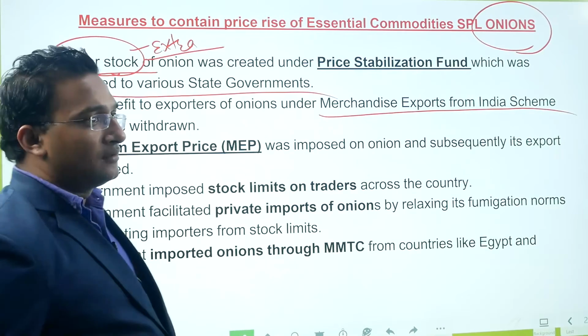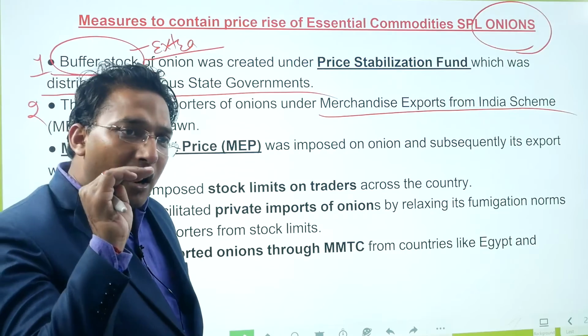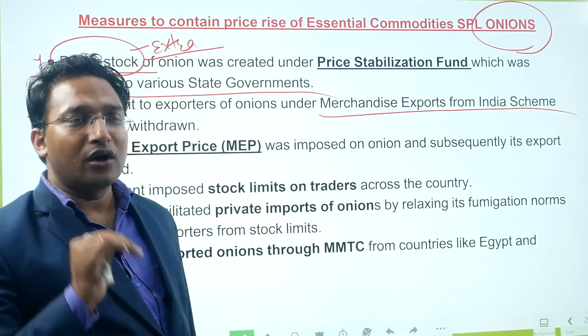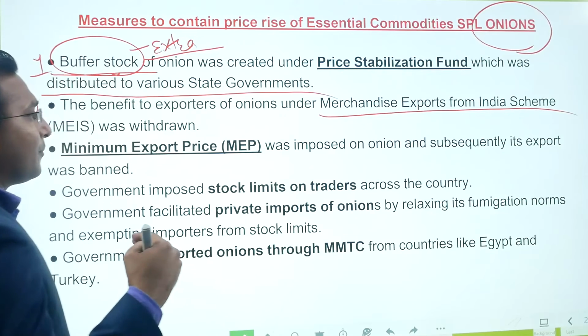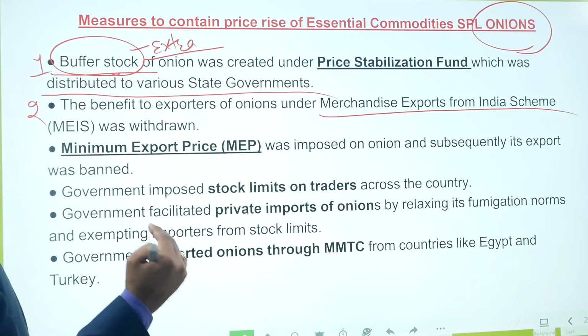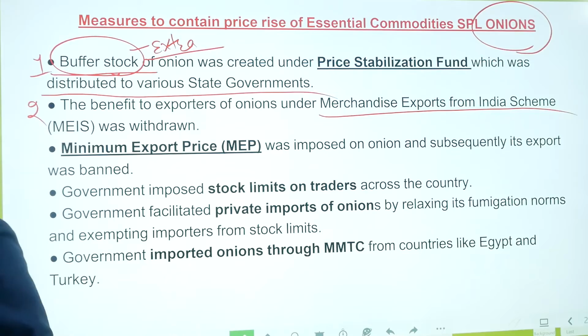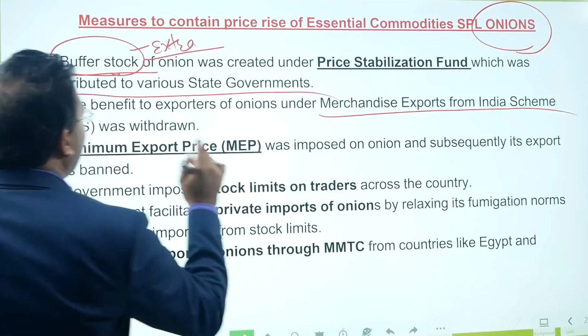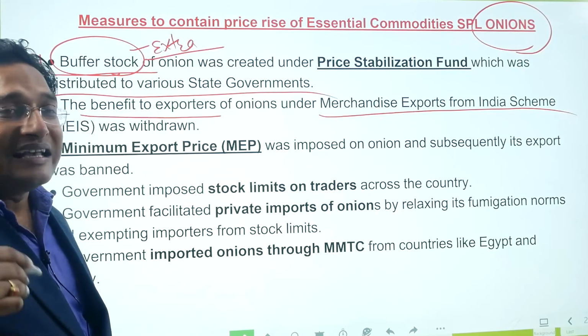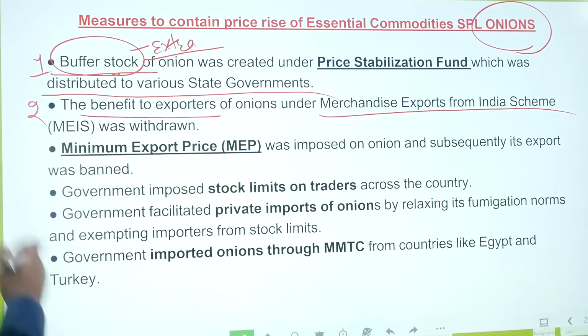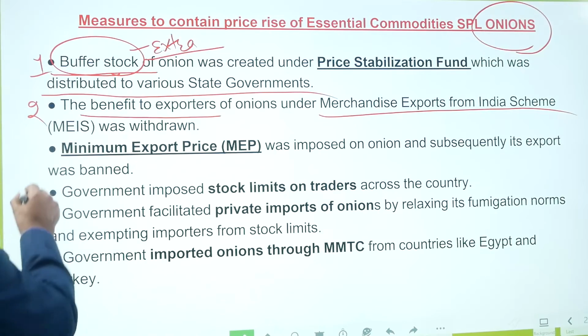But in case of onion, to control the outflow from India, to control the decrease in supply, to maintain the presence of onions in India itself, this benefit given to the exporter was reduced so that the exporters are discouraged from exporting the onion from the country to outside.